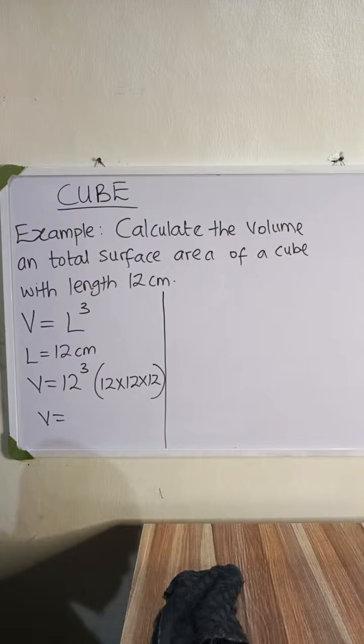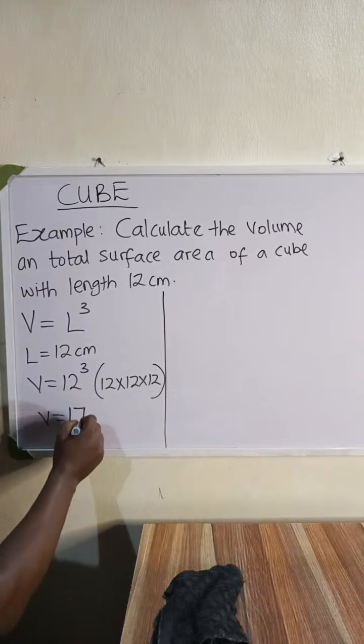Is it 2,000 or 1,000? 1,000, okay. 1,728.